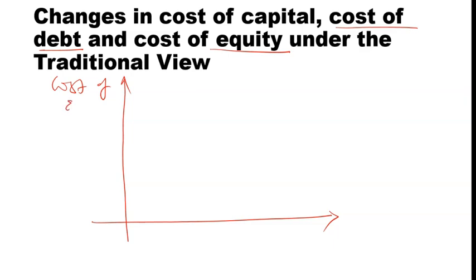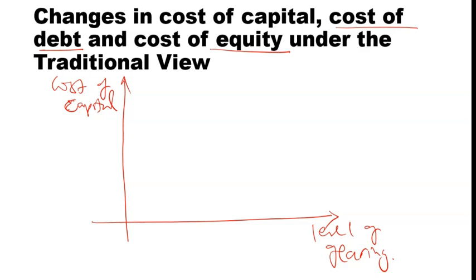So equity is the form of capital that is more expensive.